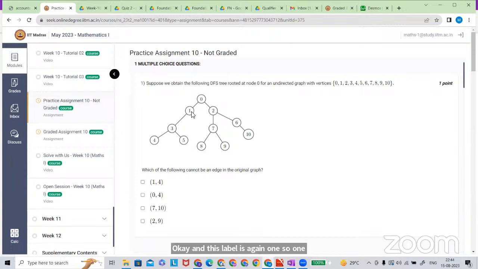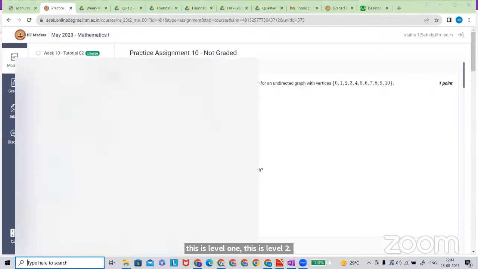So 1 and 2 are on the same level. For level 3, here it is on level 2. 7 is again on level 2 because of this one. This is level 1, this is level 2. 6 is on level 2. So let me write, just a minute.